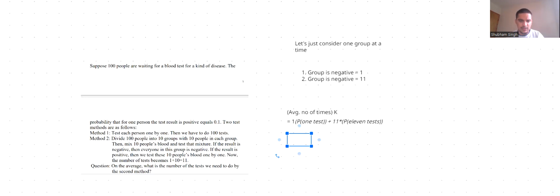So what is the probability of just doing one test? That would mean that everybody in the group is negative. The probability that everybody in the group is negative would be 1 minus 0.1, where 0.1 is the probability that a person is positive, raised to the power of 10, and then multiplied by 1.